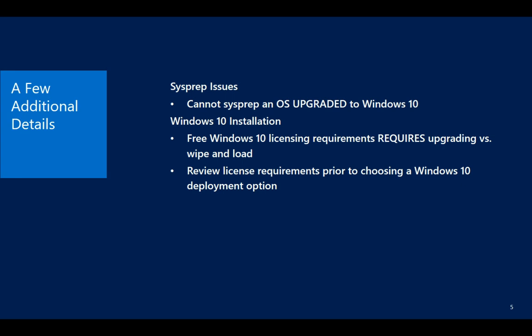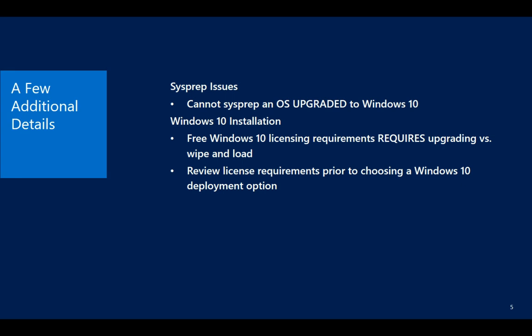It's a required part of the process. Problem is you cannot sysprep an upgraded OS. So if you have a system that started out at Windows 7, Windows 8, 8.1, and you upgraded it to Windows 10, and you want to recapture that as a new image, unsupported. Sysprep will detect that the OS has been upgraded and block running on that machine. If you are going to create a new image, you do need to do a brand new install of Windows 10, right?